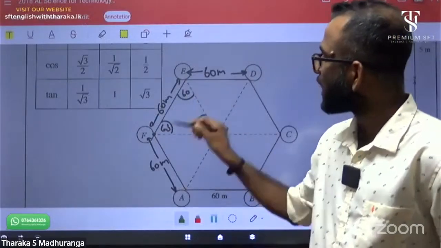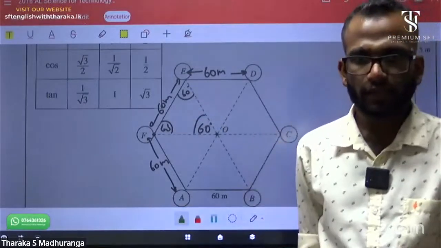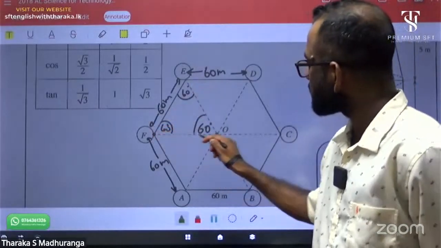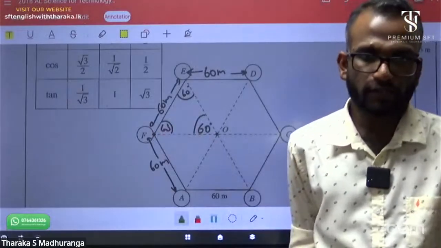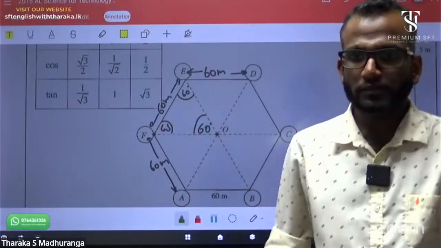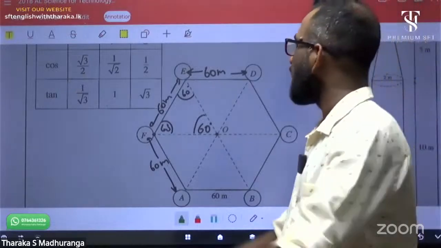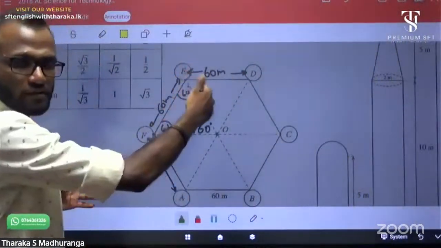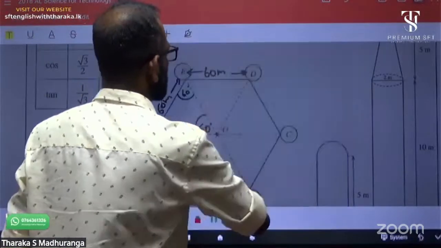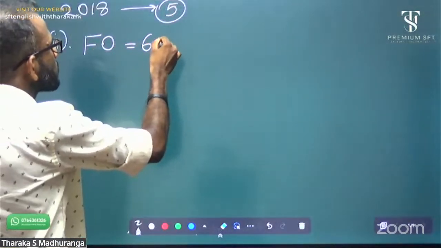If the angles are equal, it is an equilateral triangle. Then this one is 60, FO also 60. Understood, Nabil? Since angles are equal, all sides should be equal. Then the first answer: FO equals 60 meters.